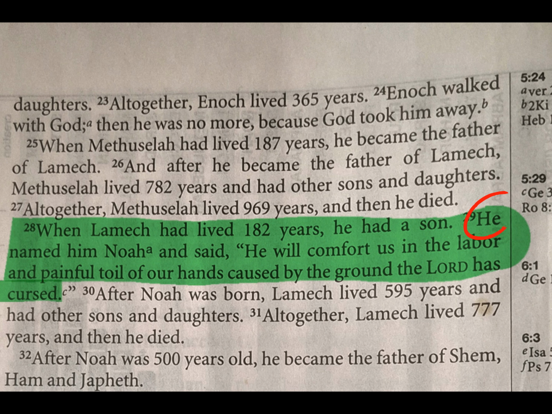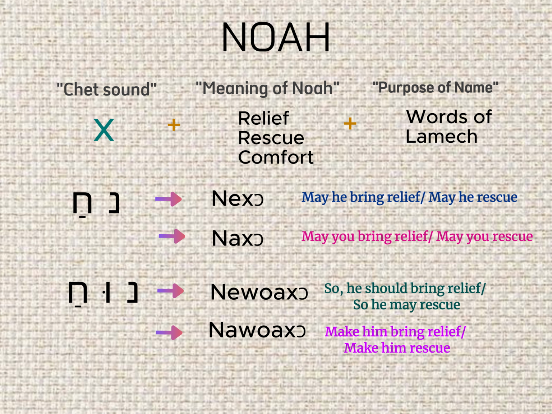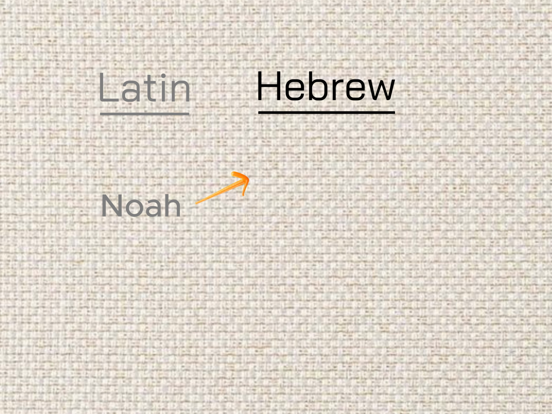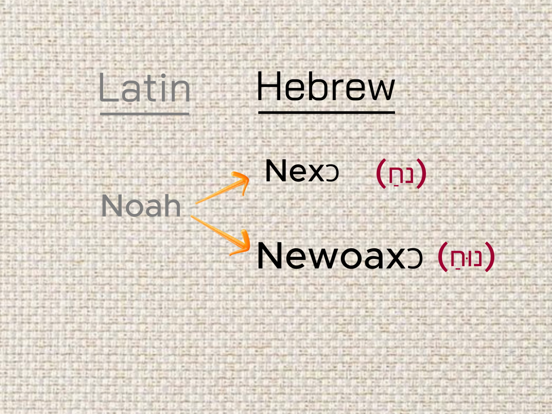He was not praying to anyone to let it happen, and he was not telling the newborn directly to rescue them. Therefore, the name should be in the third person singular. Noah's original name is Neho for Nun He or Shet, and Newaho for Nun Vav He or Shet.